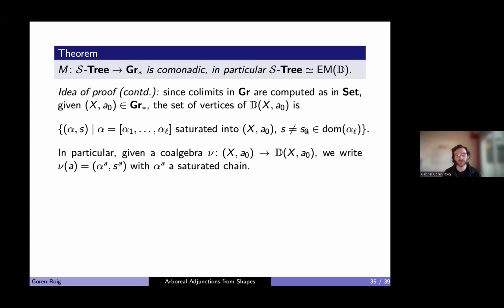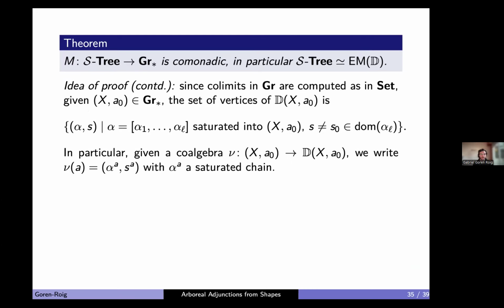If S could be equal to the source of the shape graph, then you would be counting some elements twice. So that's why S has to be different from the source of that shape graph. But basically, it's a very concrete thing. That's good. This assumption of the right multi-adjoint really lets us express this. We don't even need to use equivalence classes. We just put the saturated morphisms for this colimit.